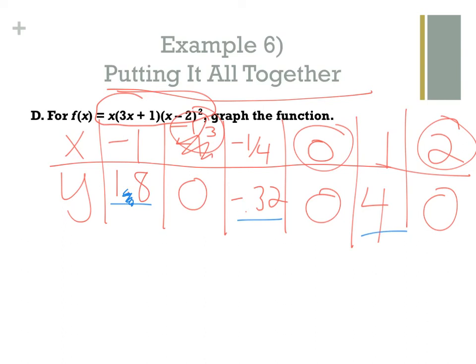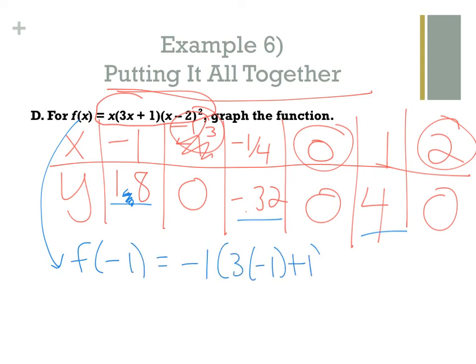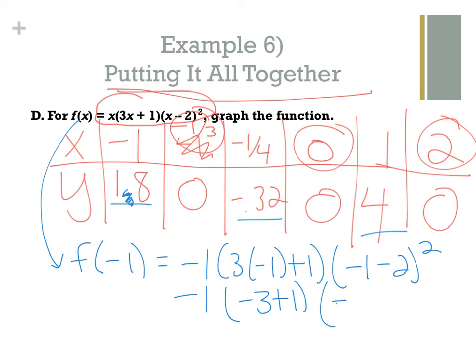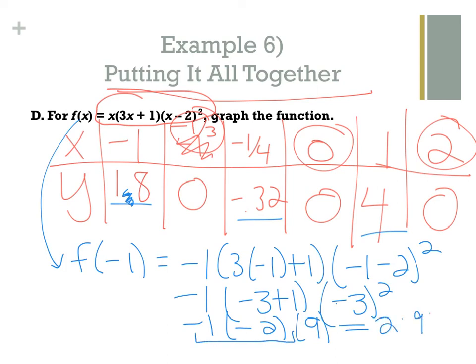At -1, if I substitute -1 into this function, f of -1 equals -1 times (3 times -1 plus 1) times (-1 minus 2) quantity squared, and we get -1 times -2 times -3 squared. -3 squared is +9, and -1 times -2 is +2, so 2 times 9 is 18. So there shouldn't have been a decimal there, that's my fault. It's 18, not 1.8.